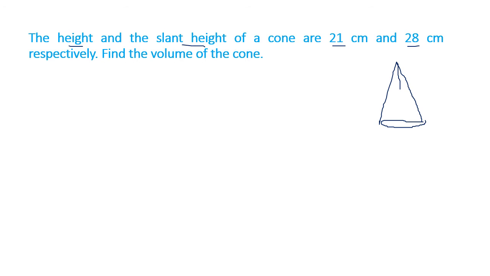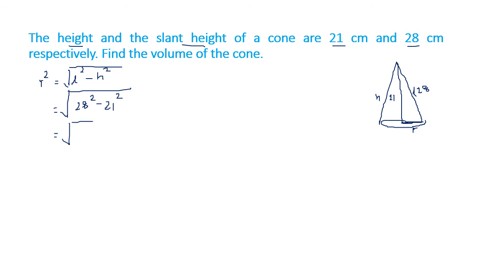What have we got? The height is 21, the slant height is 28, but the radius is not given. L is given and H is given. We will find r equal to under root L square minus H square. L square is 28 square minus 21 square. We have under root of square of 28, how much? 784, minus square of 21, 441.